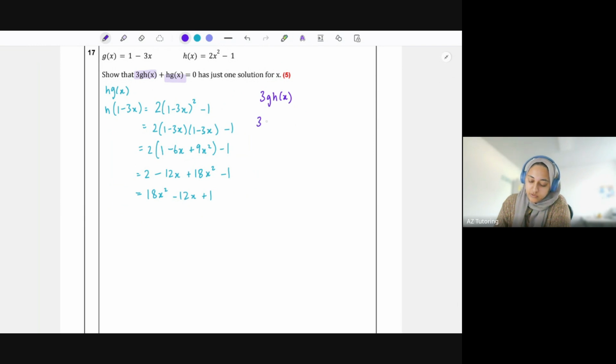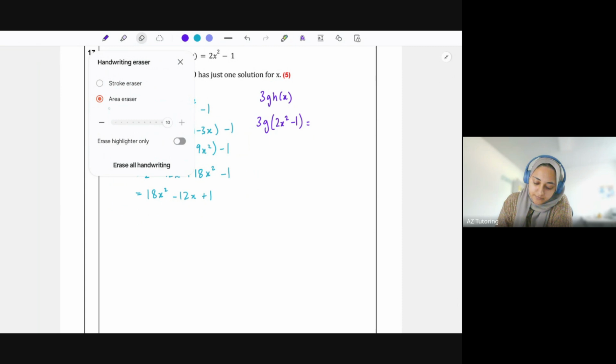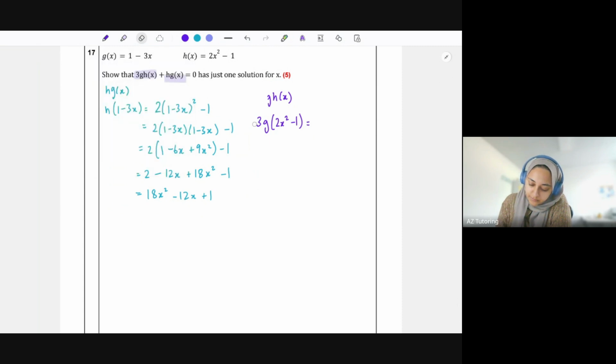So ignoring that 3 for now, we've got g of h of x, where h of x is 2x squared minus 1. I'm going to completely ignore that 3 altogether, and I'll just plug it right in at the end. Makes it a bit easier to do.